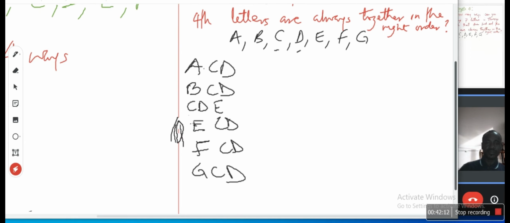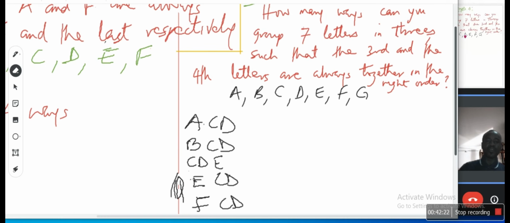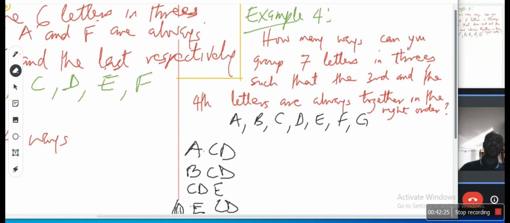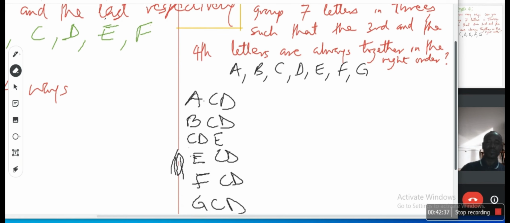Are there 6 ways? You can afford to write this because there are fewer. How about if the numbers are so many, like how many ways can you group 20 or 100 letters in threes so that the 50th and the 51st letters are always together? You can't be writing this out, so there has to be a way to do this.